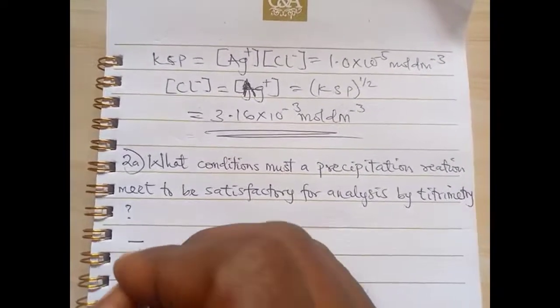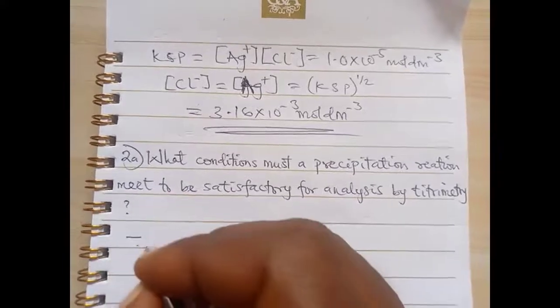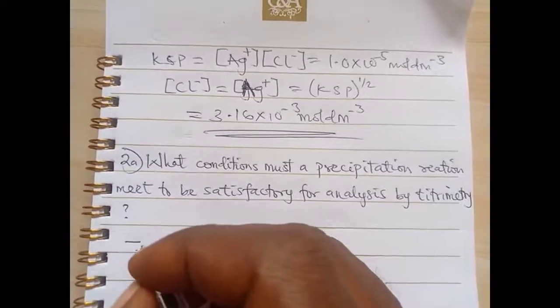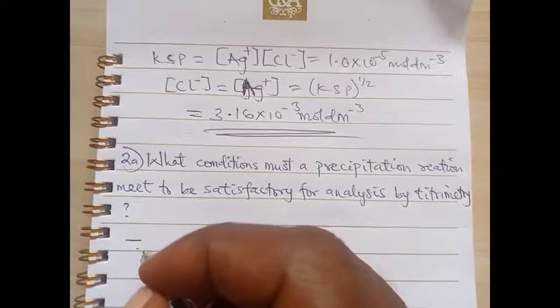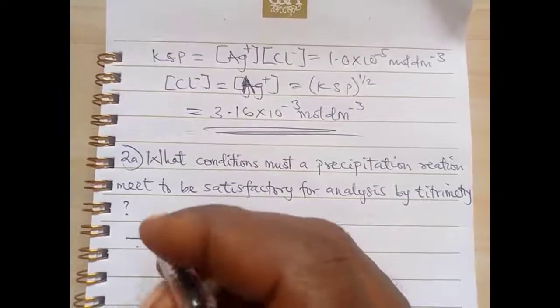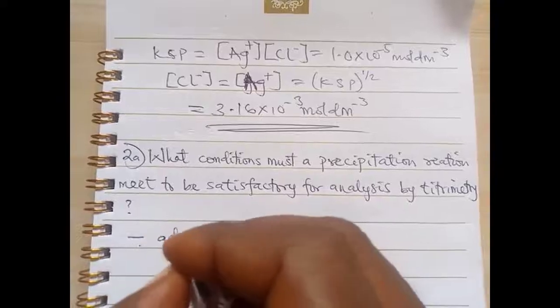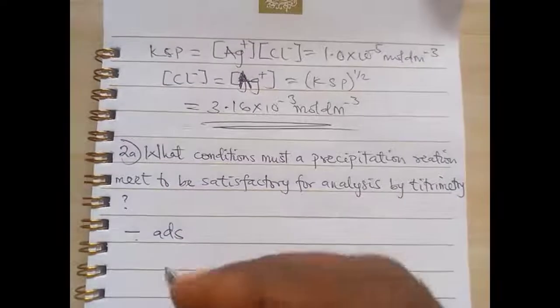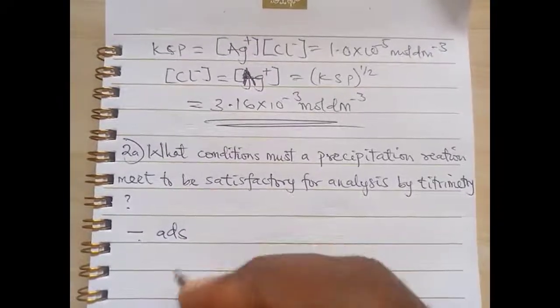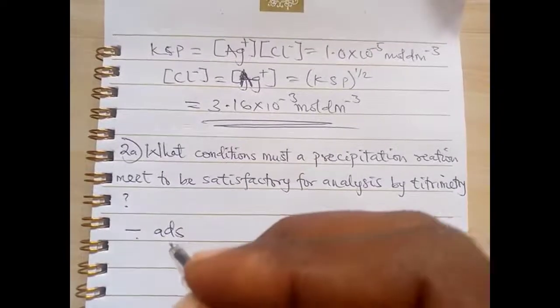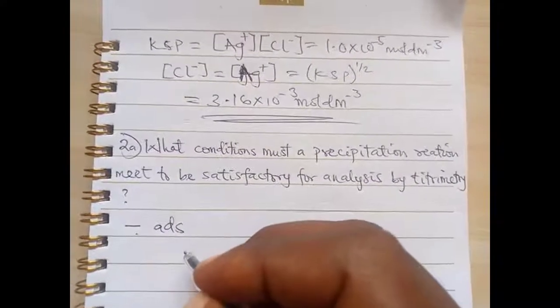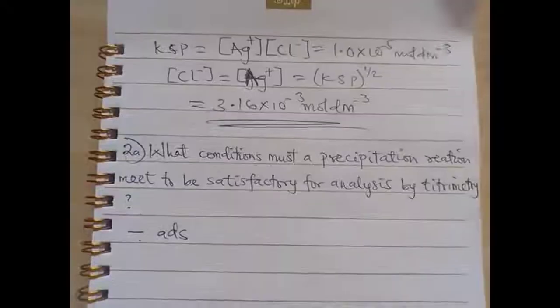The third point is that the results of the titration are little, if at all, affected by such phenomena as coprecipitation or adsorption. The fourth point is the equivalence point of the titration is easily determined.